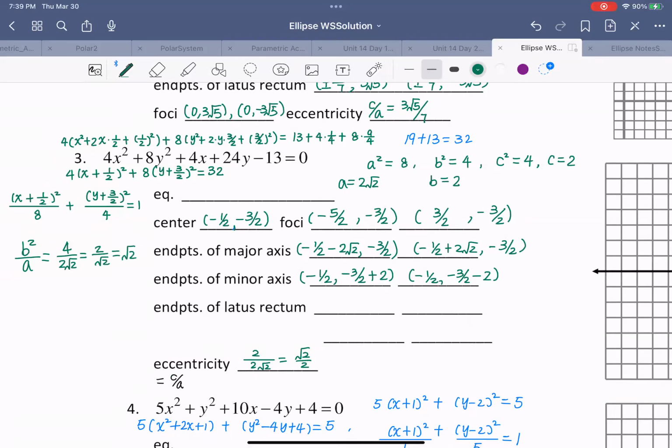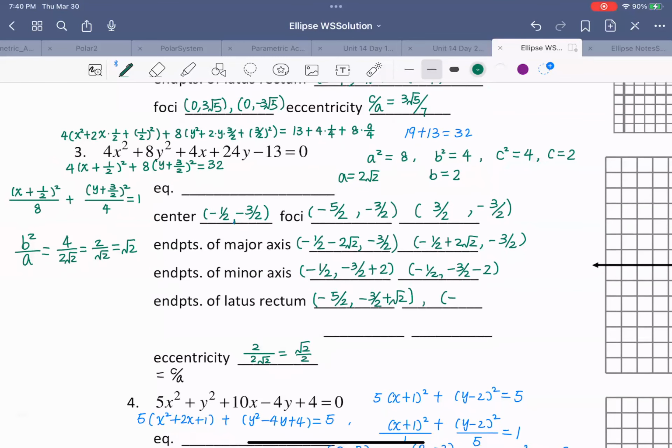So go ahead. So this is negative 5 over 2 comma negative 3 over 2 plus minus. Yeah, they give us 2 blanks, so we can write this down in 2 blank locations, right? And then let's do the second one.